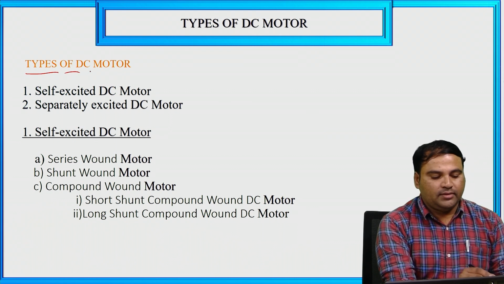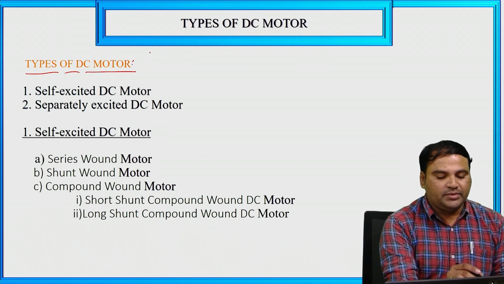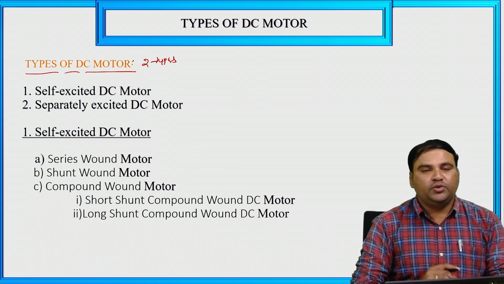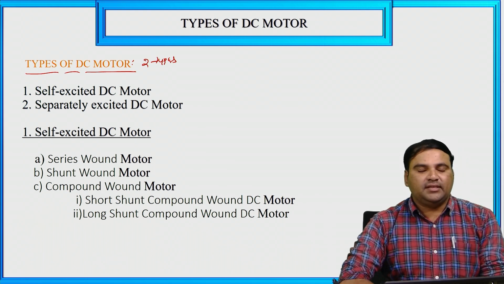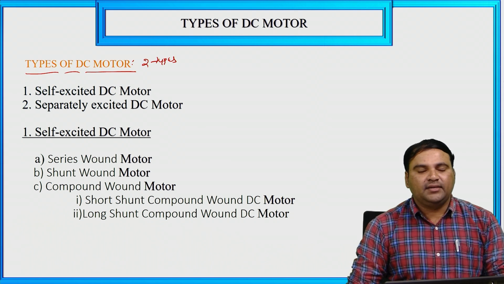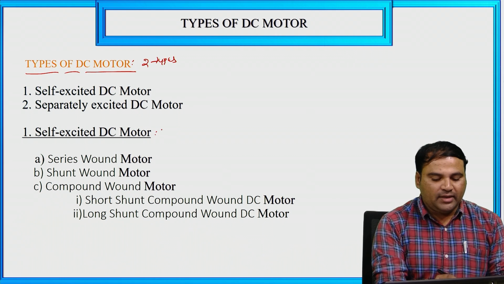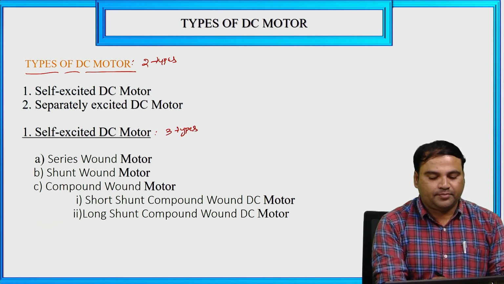The types of DC motor are classified into two types. The first one is the self-excited DC motor and the second one is the separately excited DC motor. The self-excited DC motor is again classified into three types.